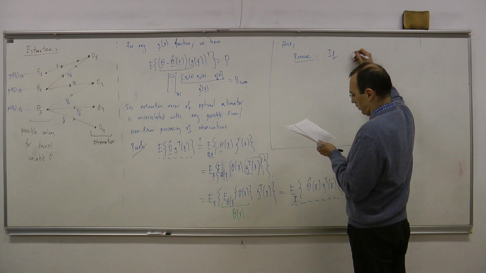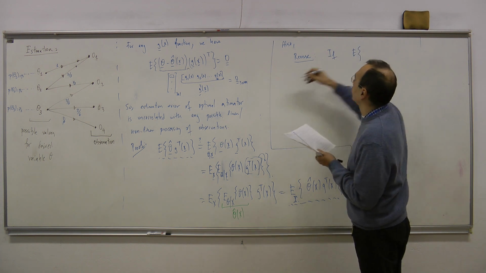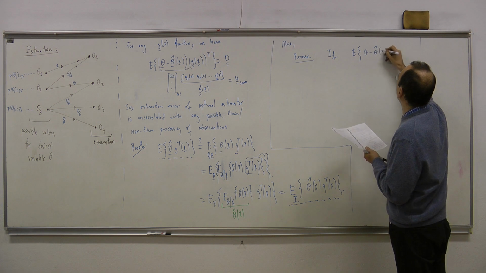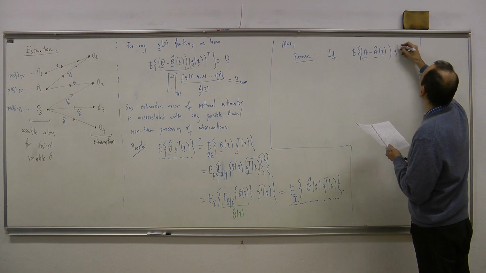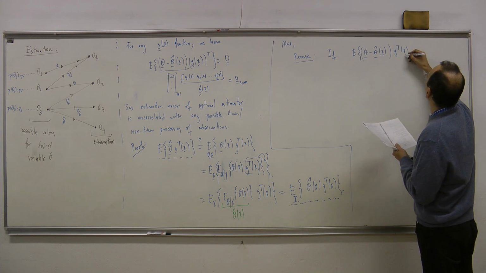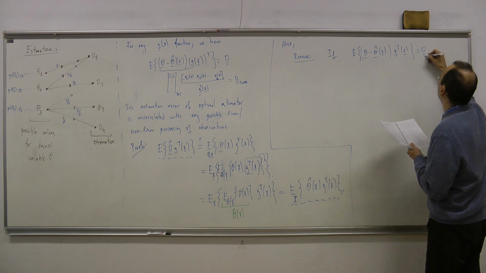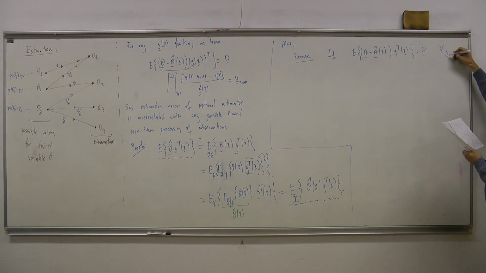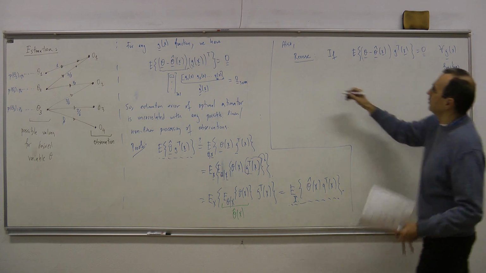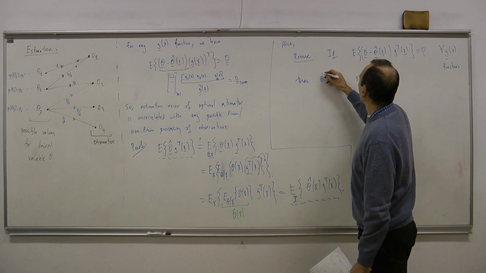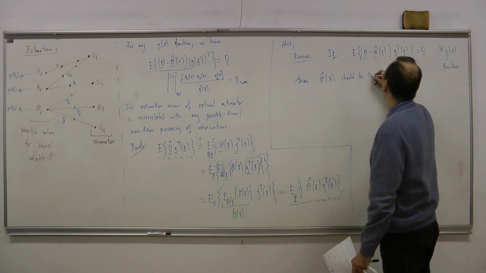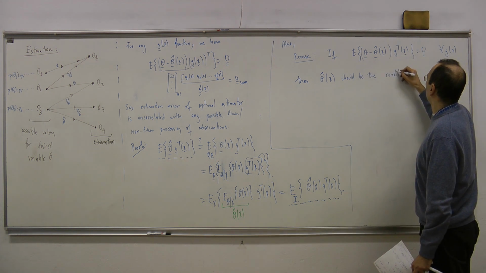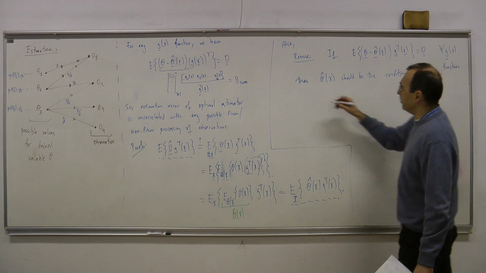If the expected value of theta minus theta hat of x, times g transpose x, is equal to the zero matrix for all g functions, then this should be the conditional mean vector estimator.